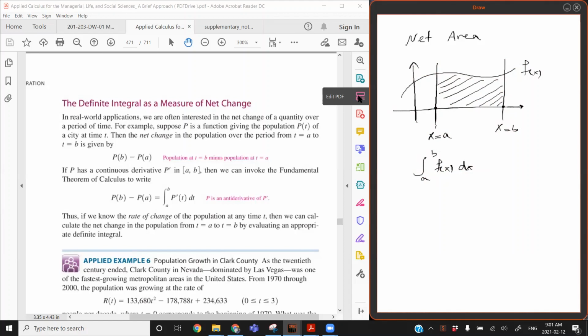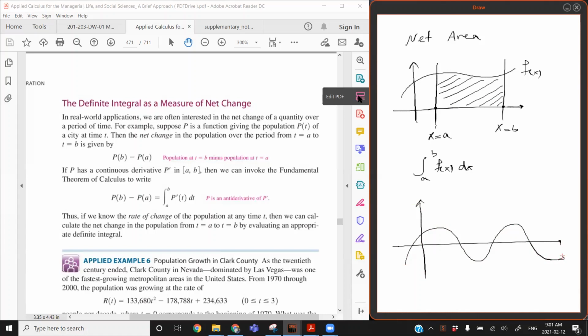Okay. Now, what if f of x is sometimes negative, sometimes positive? What if f of x is a curve that goes above and below the x-axis? So something like this. Let's say it's something like this.